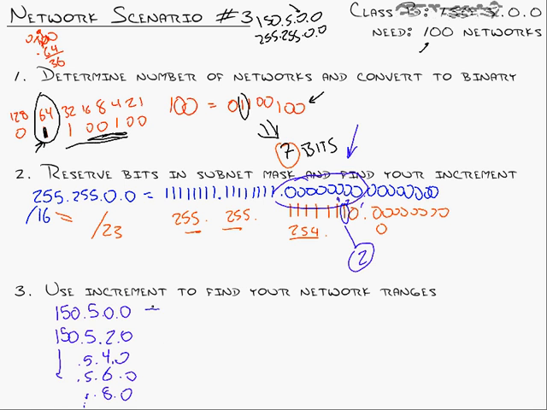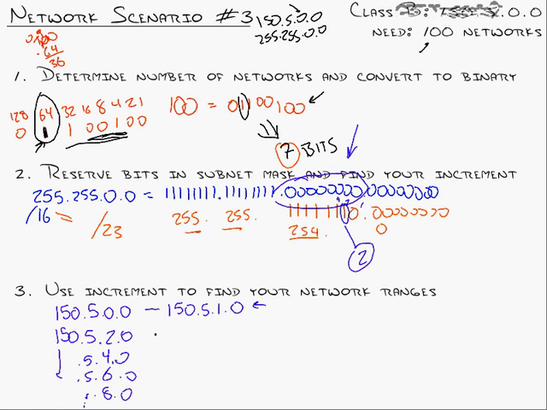Now we fill in our end range, and this is where it gets a little tricky. You look at this and ask the question, what is the last IP address before I get to 150.5.2.0? Well, you look at it and go 150.5.1, and be careful right here because I know you might be thinking, well, 1.0, right? Well, remember, if we do 150.5.0.0 through 150.5.1.0, then that's where this first range ends, and the next one picks up at 2.0.